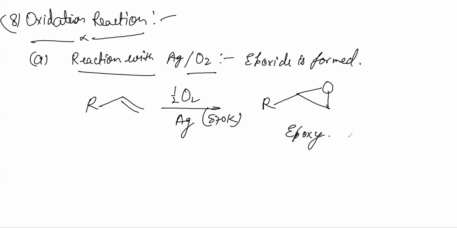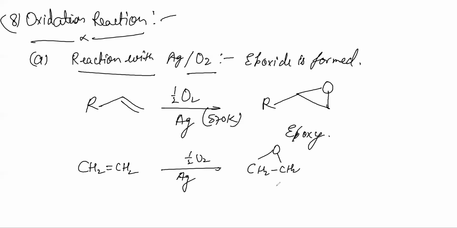We discussed it when we were discussing the opening of the epoxy ring by SN2 or SN1 in alcohols and ethers. Like a triangle it will be. We call this molecule ethylene oxide.